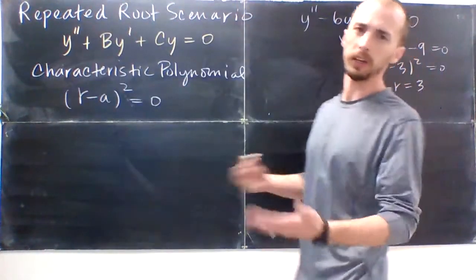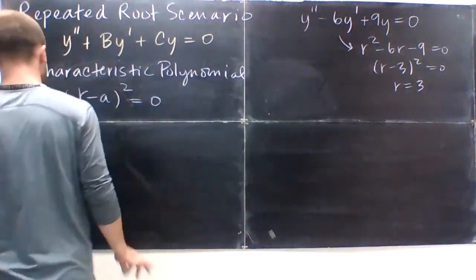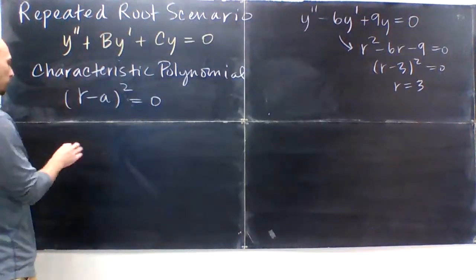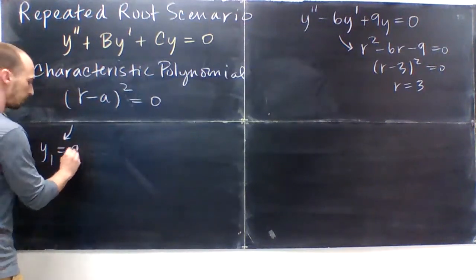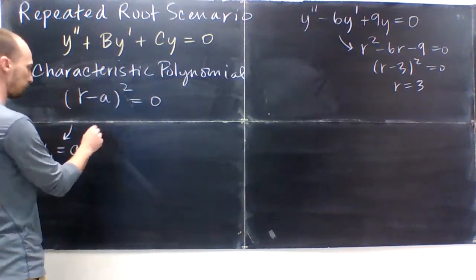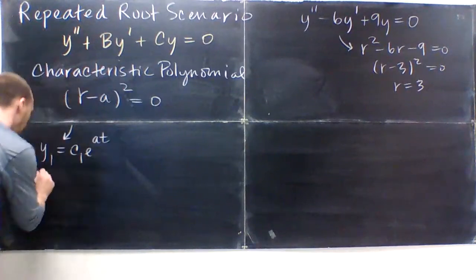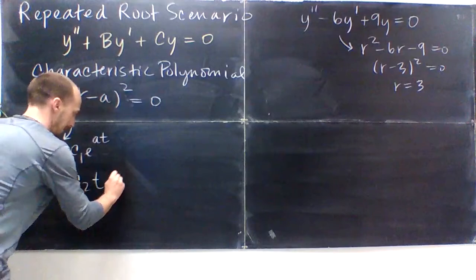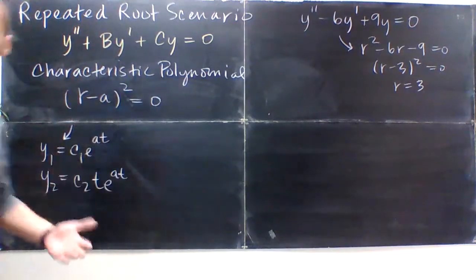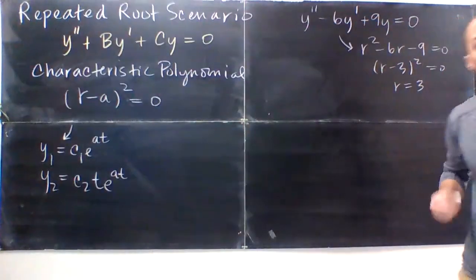That's what we would have, c1 e to the at, c2 e to the at. So what I'm going to say is that we'll say y1 is going to be c1 e to the at, and y2 is c2 t e to the at. And that's how we're going to deal with this. And I'll show you over here, it works out quite nicely.